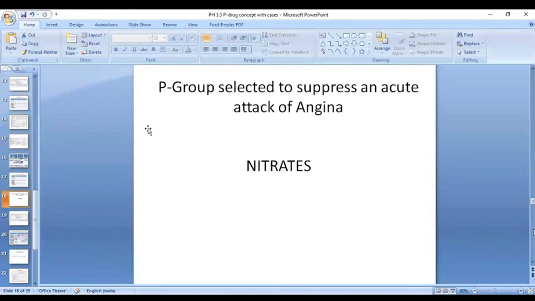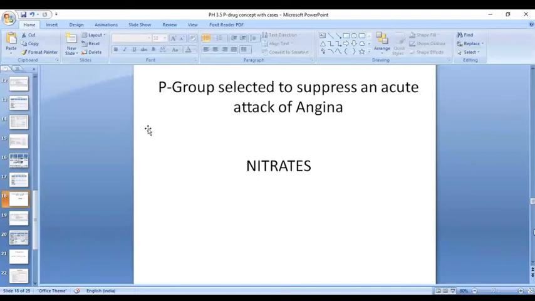But whenever we are dealing with an acute problem, what we want to achieve is an early action. So suitability and efficacy, especially efficacy, become very important criteria, because we don't want the patient to suffer from the angina pain for a longer duration, right?